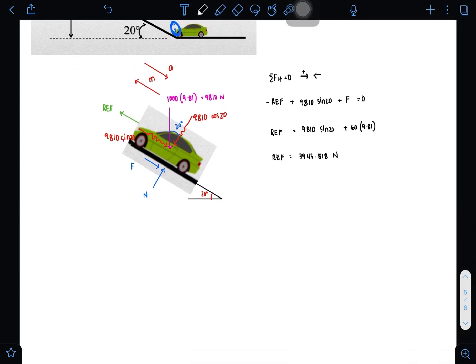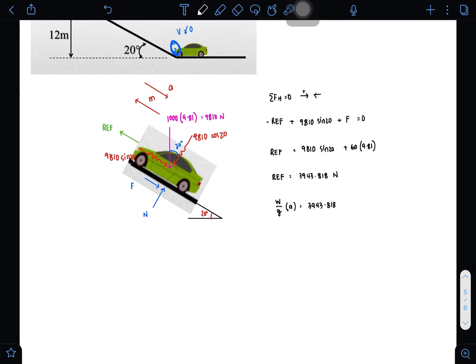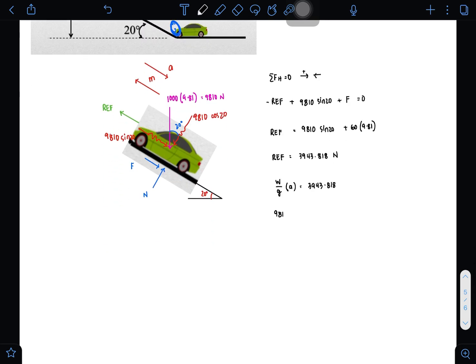And then we have the resultant force, which is the weight over g, multiplied with the acceleration, and that's equal to 3943.818. What is the weight of the car? That's 9810 over 9.81 times the acceleration, and that's 3943.818.